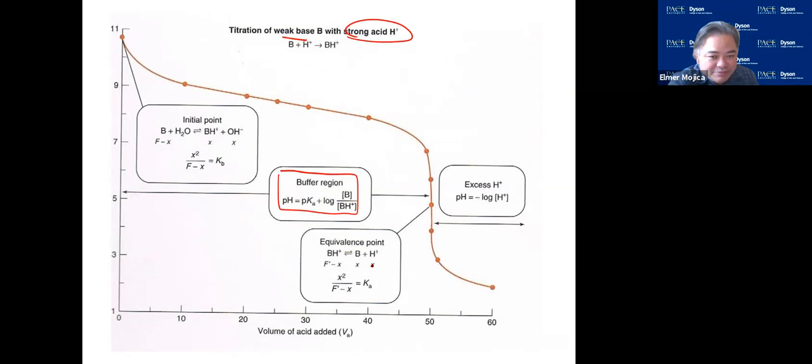Okay, but this time, it's the conjugate acid of a base. And after equivalence point, it's the excess H plus. That's the one that will govern the pH of the given solution.